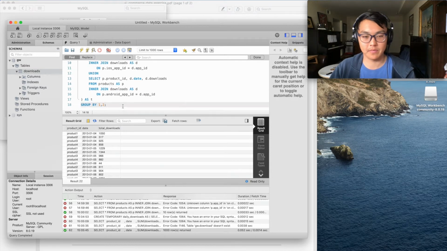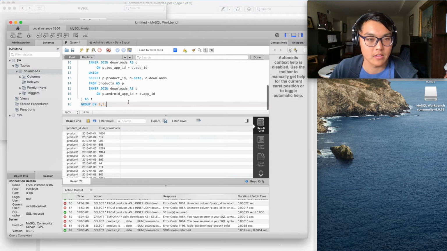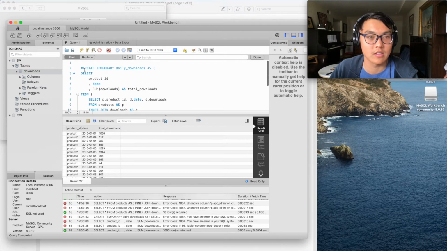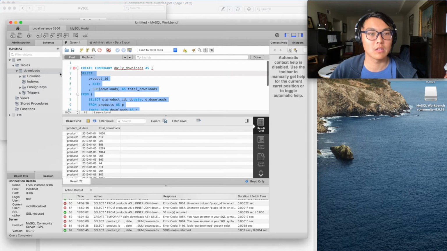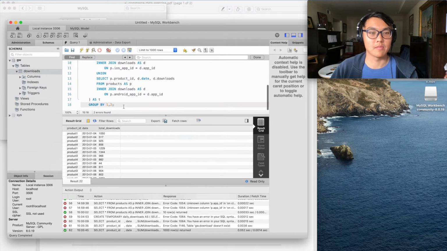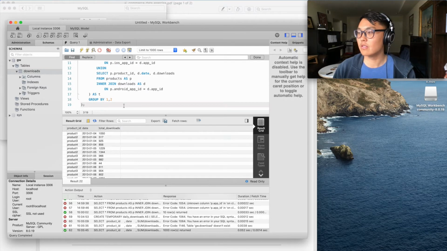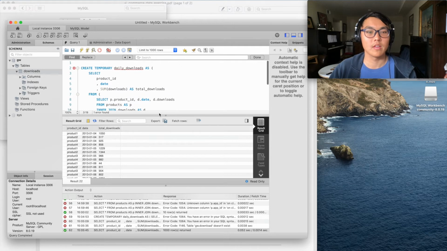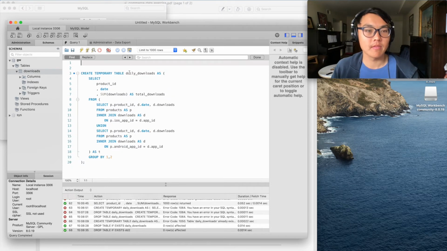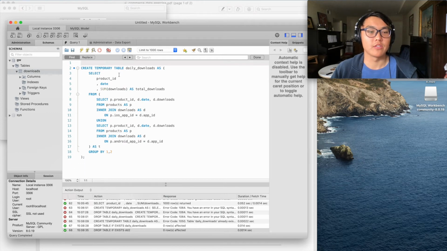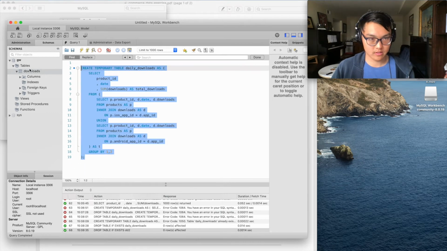Alright, cool. So let's create a temporary table. Cool. So now going to create this table, run it. Let's see.